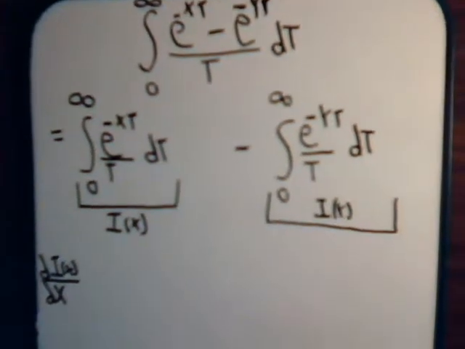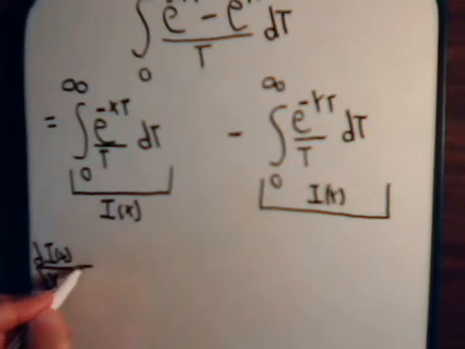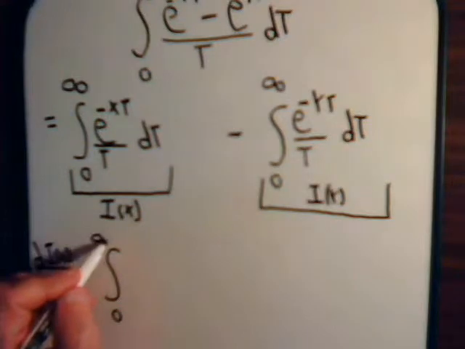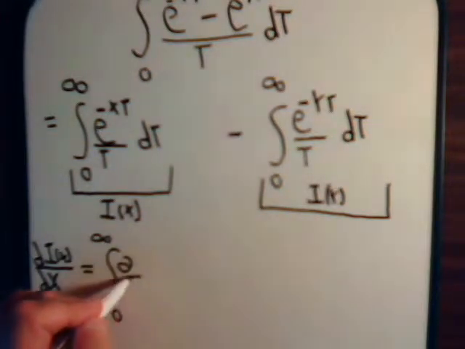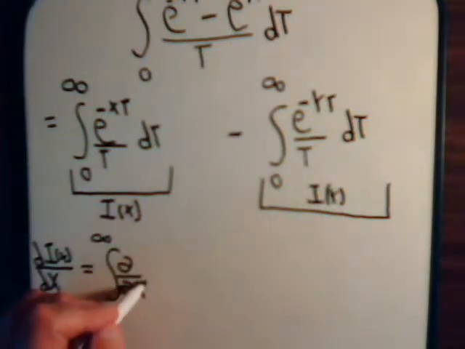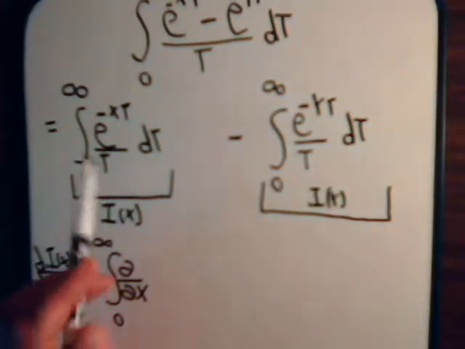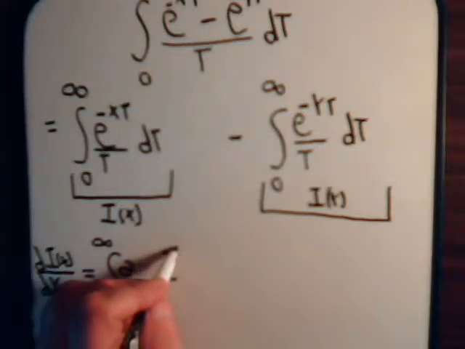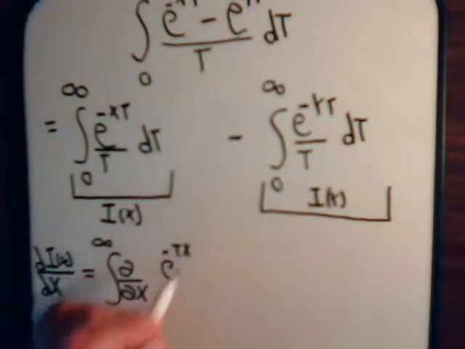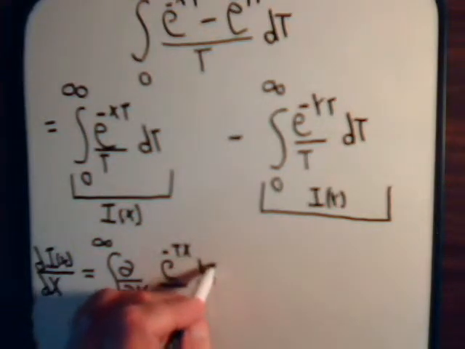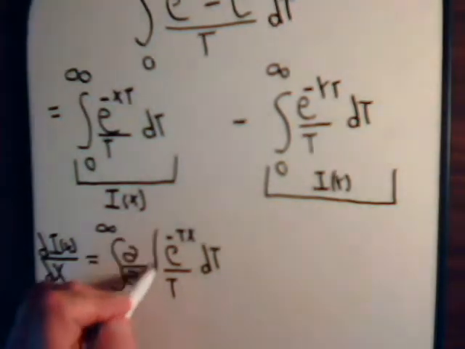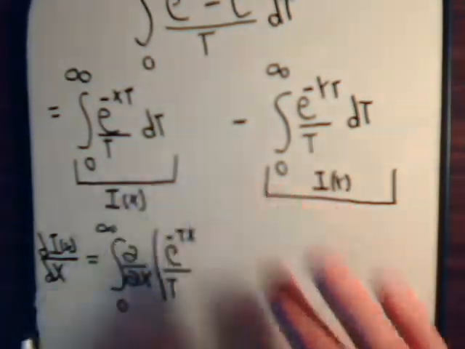So this will equal, and now we'll say taking the partial with respect to x, because this is a function of x and t, we have e to the minus xt divided by t dt. Let's write it like this to be clear.